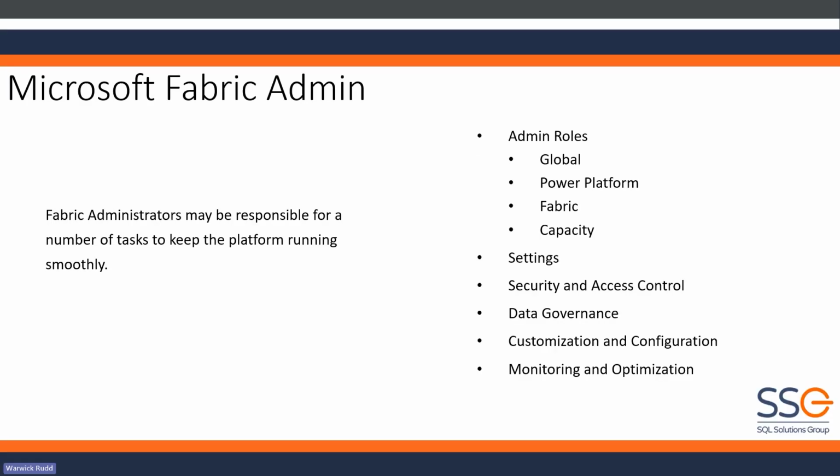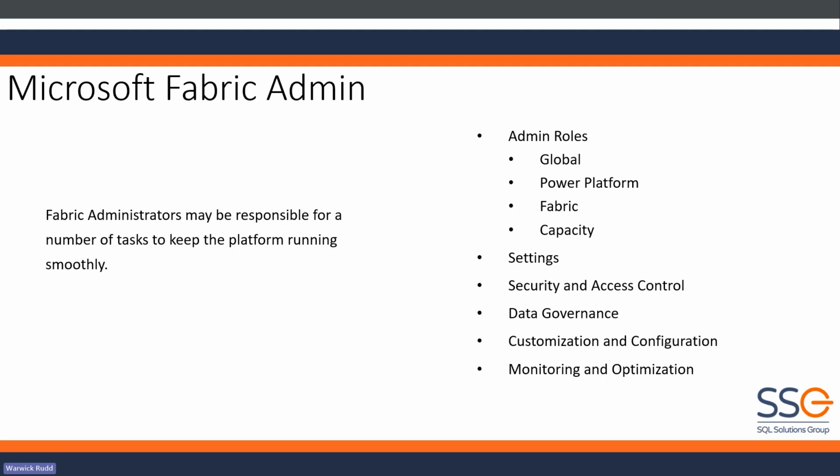The fourth one there, the capacity admin. And this is the next level down from those three. It's still an elevated privilege, but it doesn't give us all of the same high-level permissions that we get from our global admin, platform admin, or Fabric administrator. A capacity admin gives us the ability inside of a workspace to provision capacities.